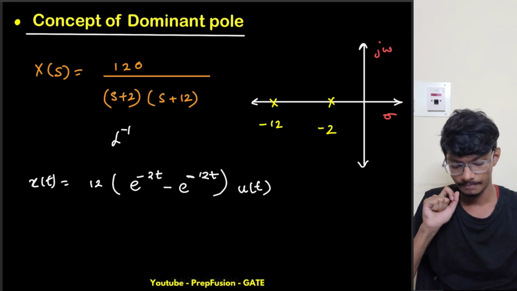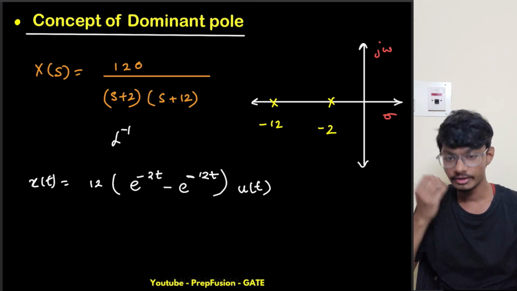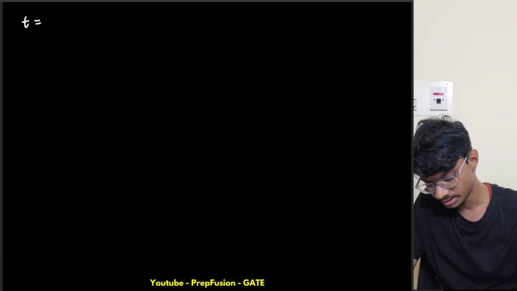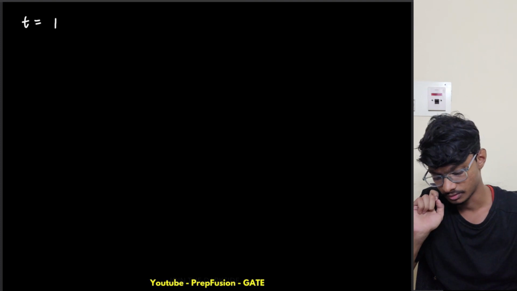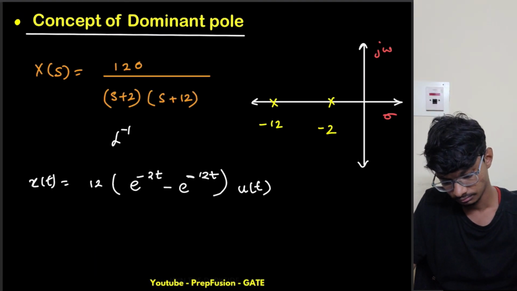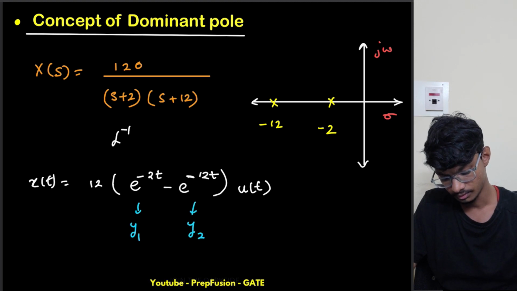Now what I can do is, if you evaluate this, let's say at t equals 1. Let's say this is y1 and this is y2.